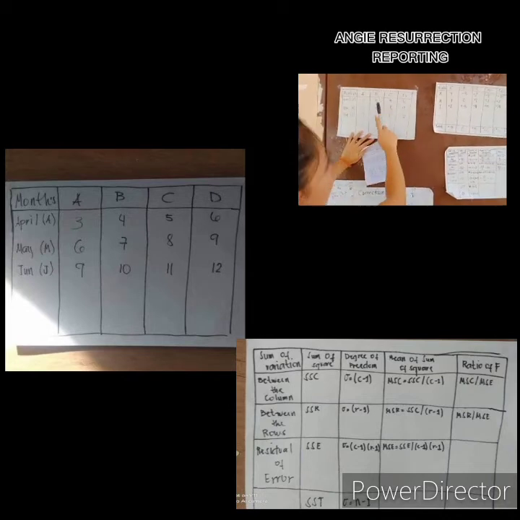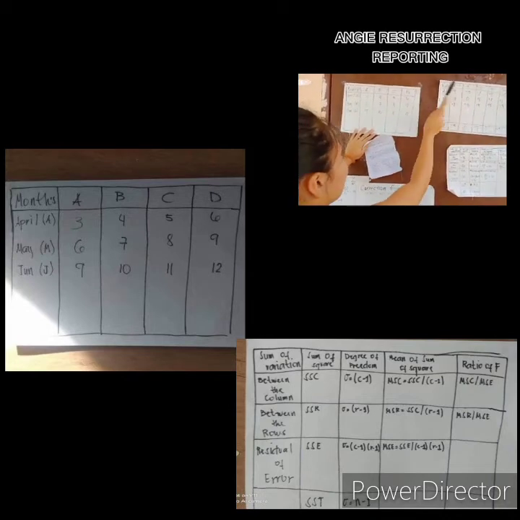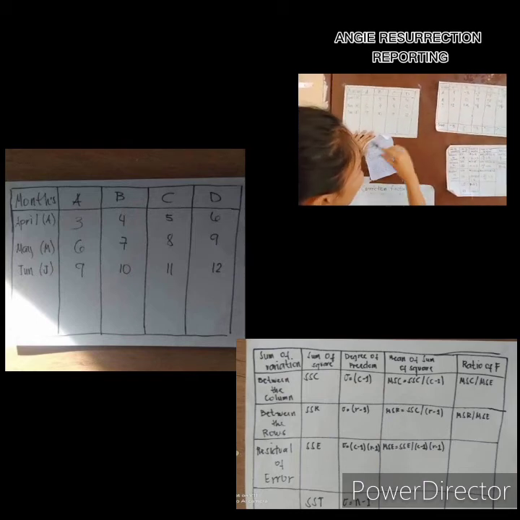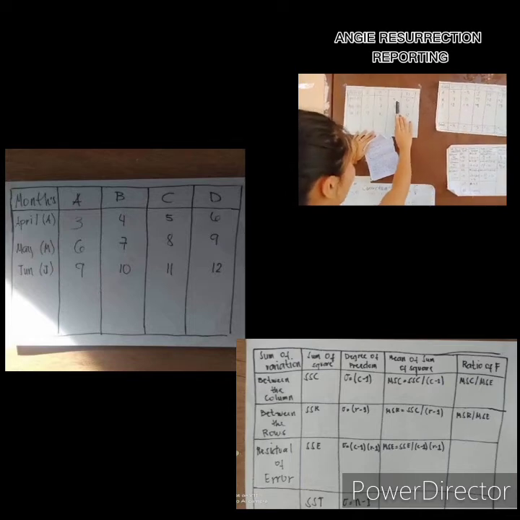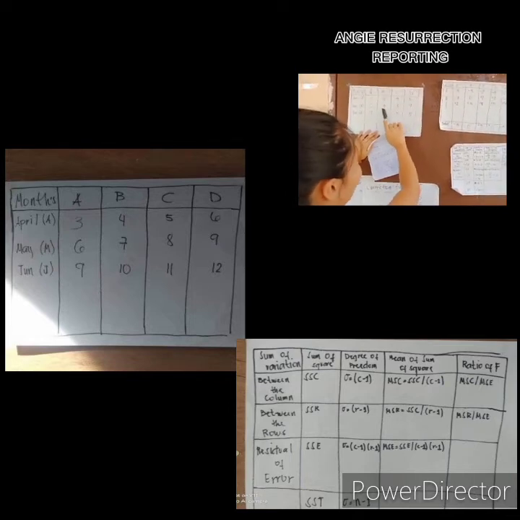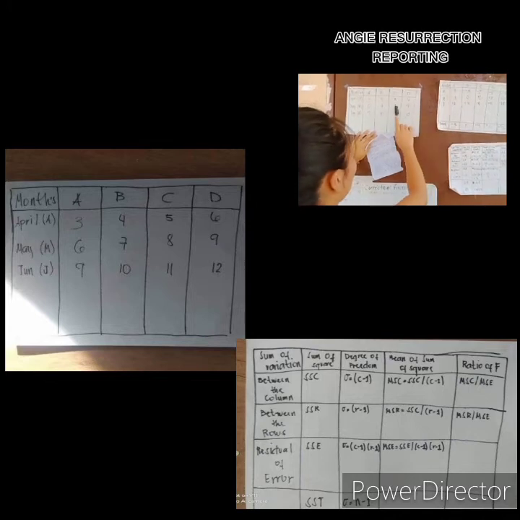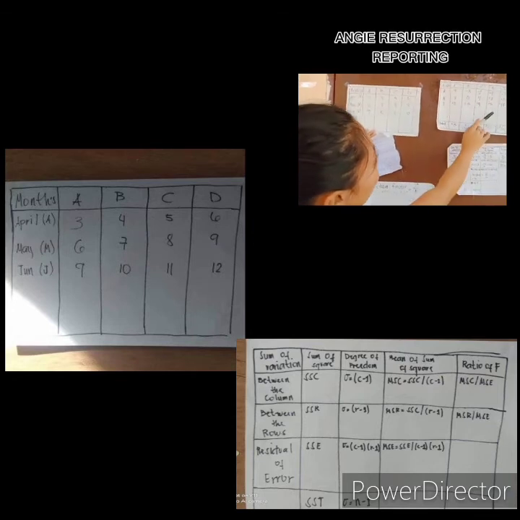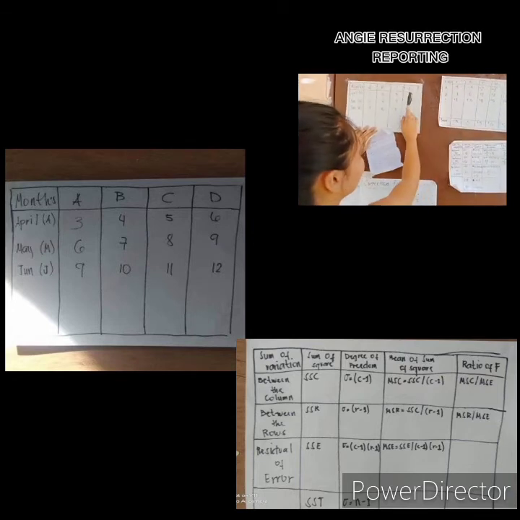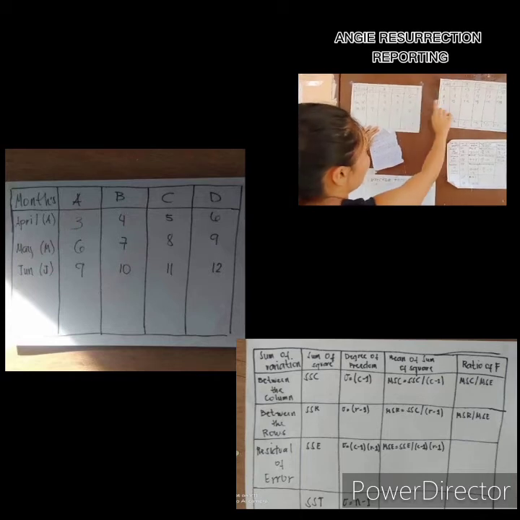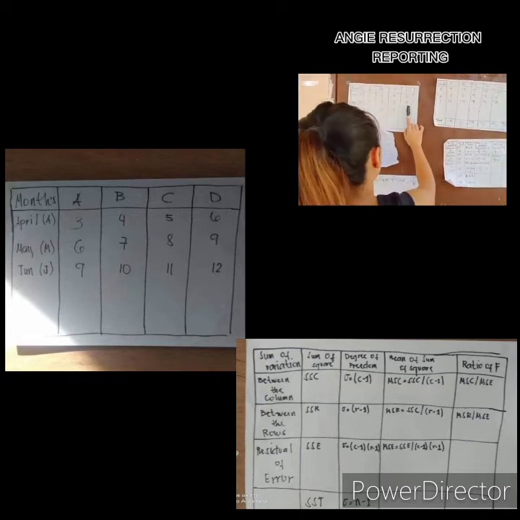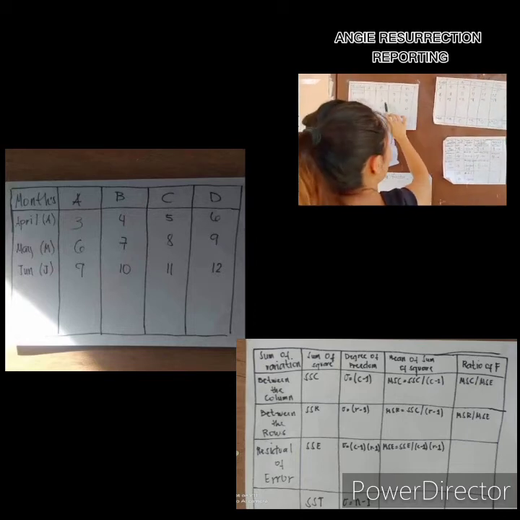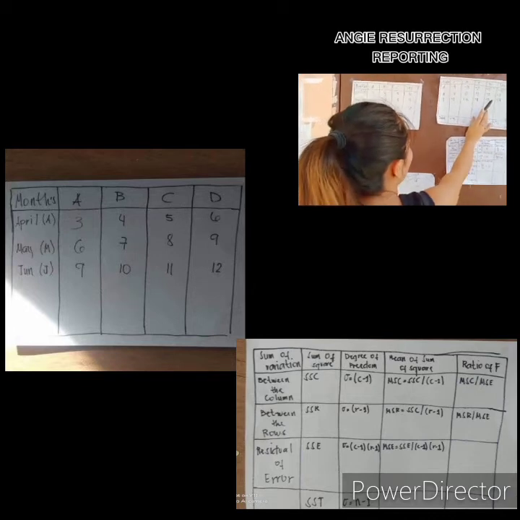Next is 4 minus 7 is equal to minus 3. 7 minus 7 is equal to 0. 10 minus 7 is equal to plus 3. 5 minus 7 is equal to minus 2. 8 minus 7 is equal to plus 1. 11 minus 7 is equal to plus 4. 6 minus 7 is equal to minus 1. 9 minus 7 is equal to plus 2. And 12 minus 7 is equal to plus 5.